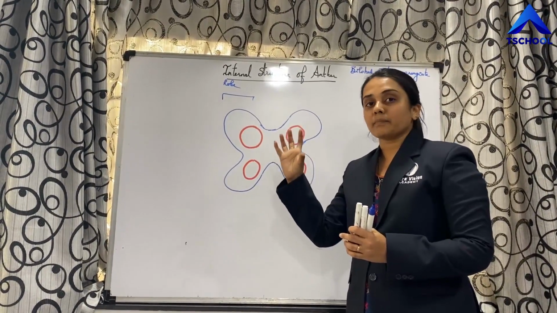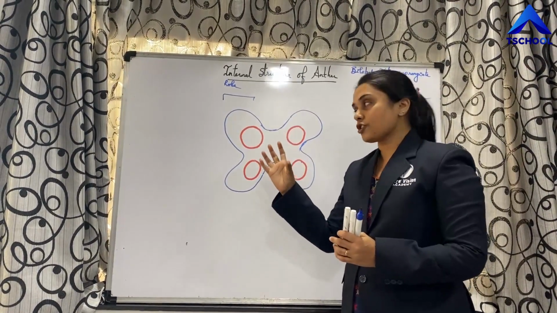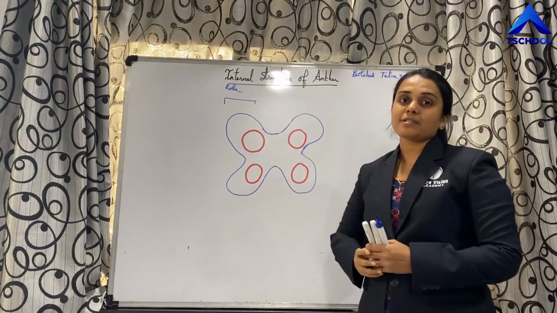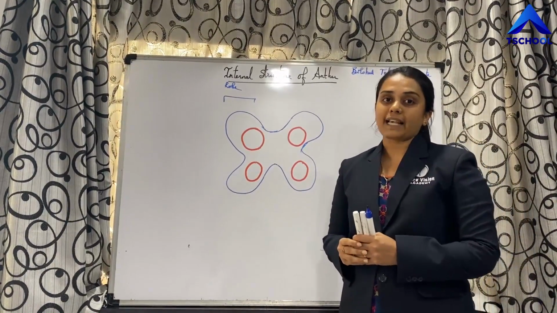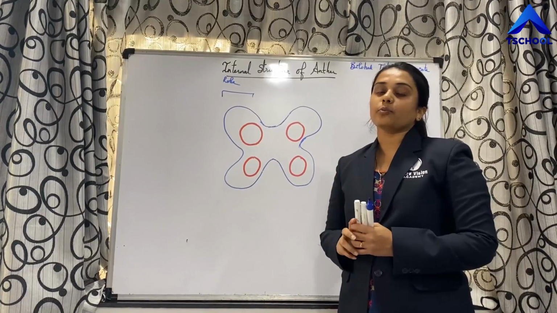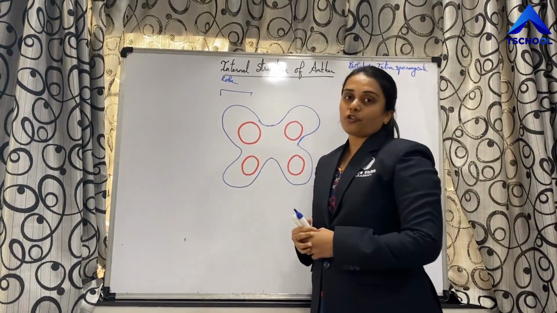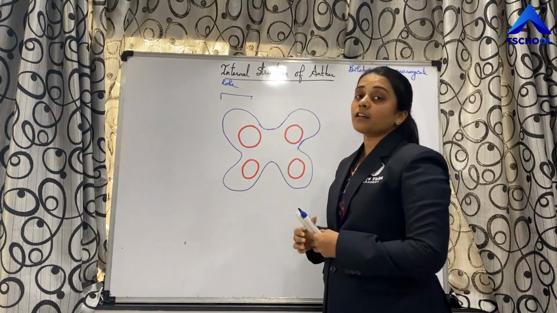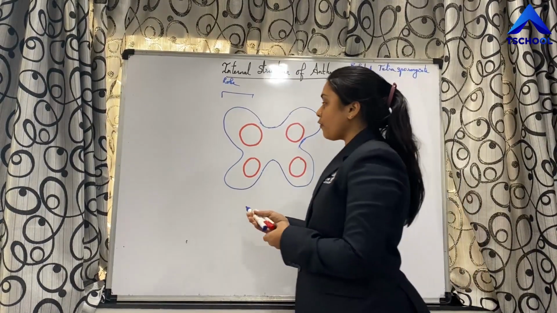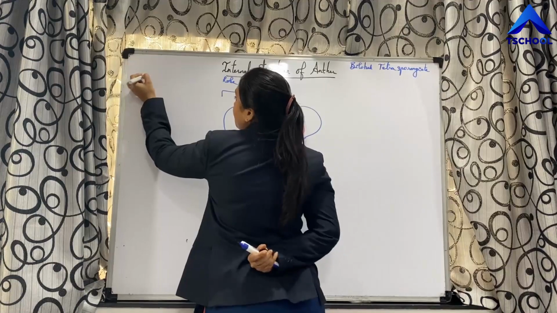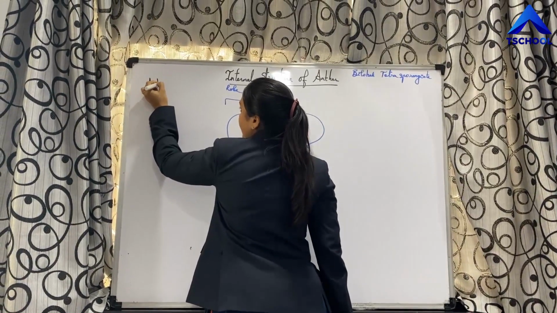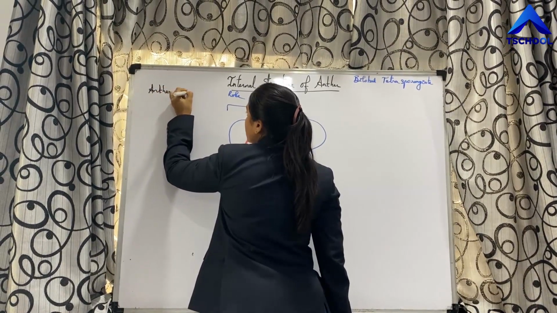And as the anther matures, near to its maturation, those microsporangiums are called as pollen sacs. So a mature anther will have pollen sacs, right? So internal structure of anther, the anther wall consists of 4 layers, right? So there are 4 layers which are present in anther wall.